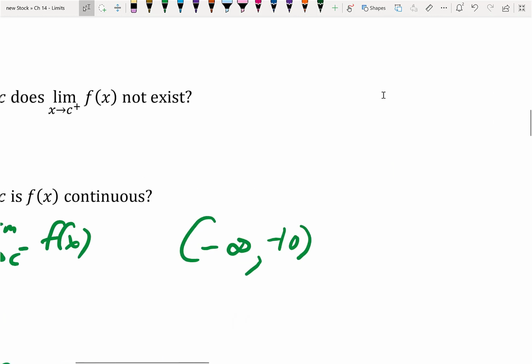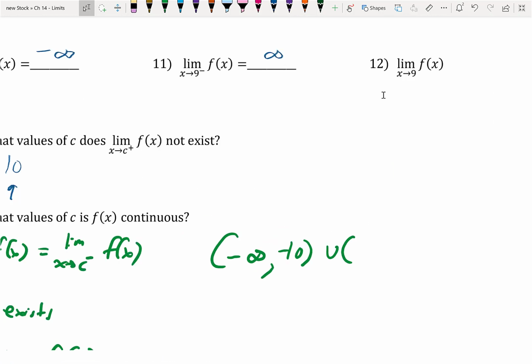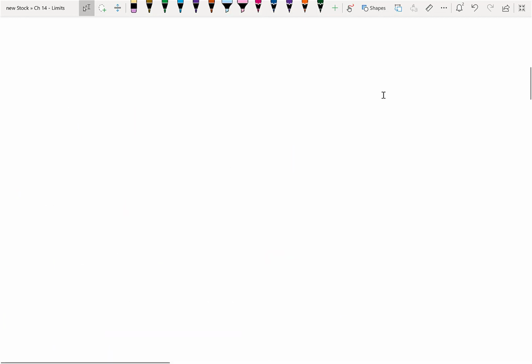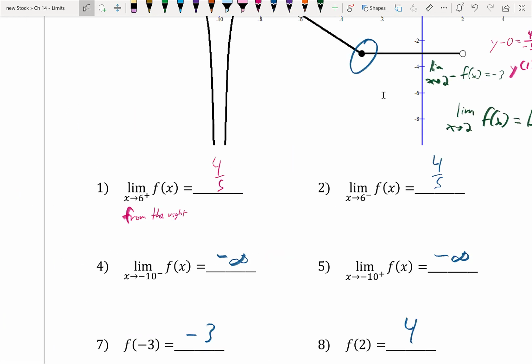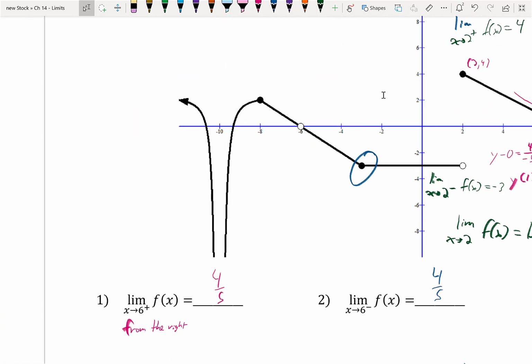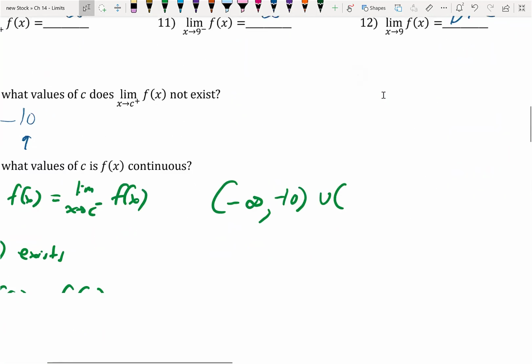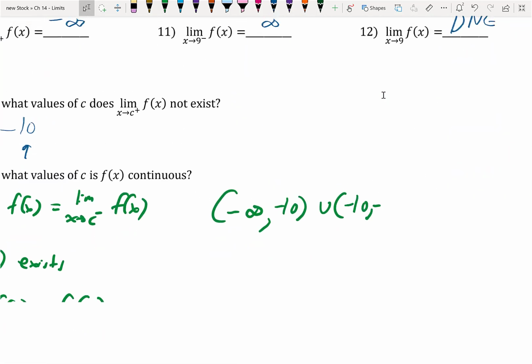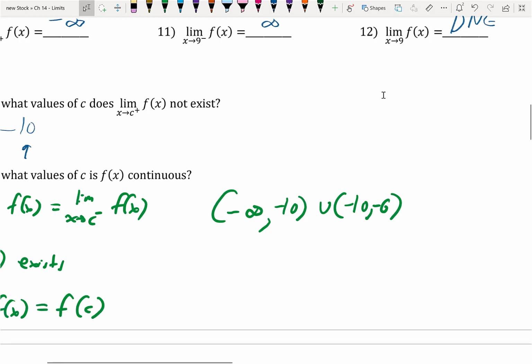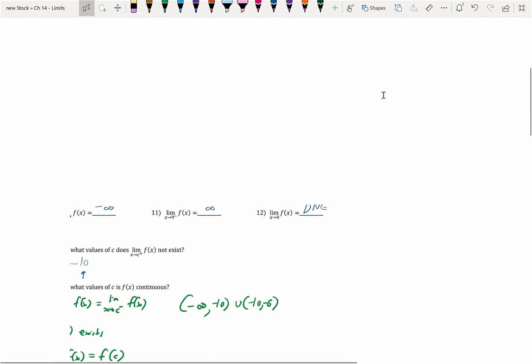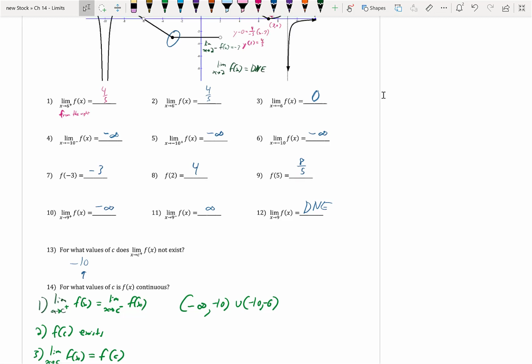And then let's keep going. Negative 10 to where? Negative 6. Negative 6, the limit's there, but it's not continuous at that point because the function value doesn't exist. Okay, now keep going.